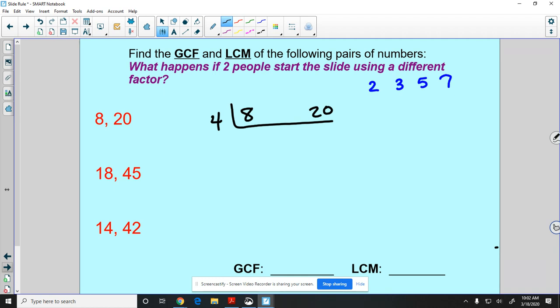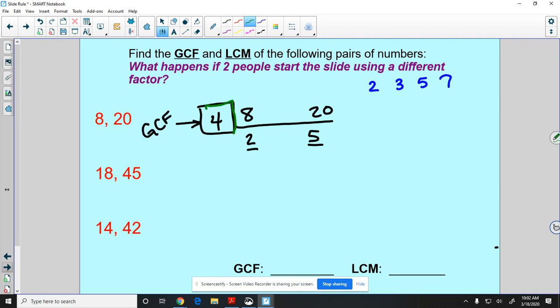Well, 8 divided by 4 is 2, and 20 divided by 4 is 5. We're back in the same situation. We know that 2 and 5 are as low as we can go. So the GCF is going to be right here. There's no other numbers to multiply it by, so the GCF is 4.